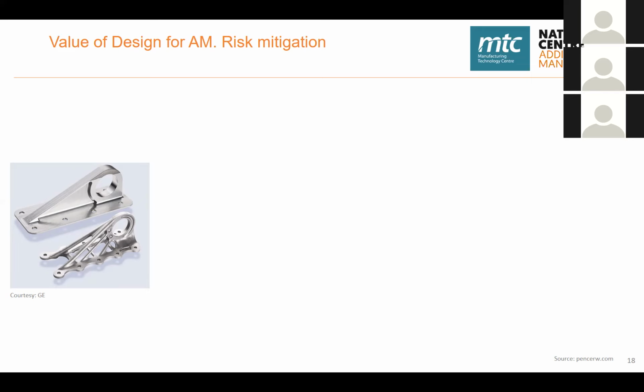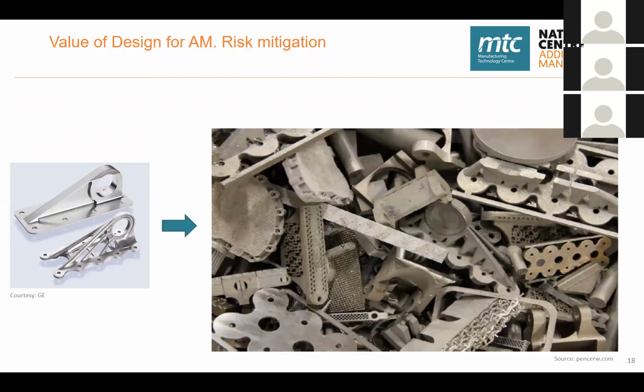Usually the media just shows the first 3D printed bracket or the first 3D printed tree or whatever. In reality, to get to that step, almost everyone that has an additive manufacturing machine has what we call the bin of broken dreams. To get to that point, there are many parts that fail on the way.